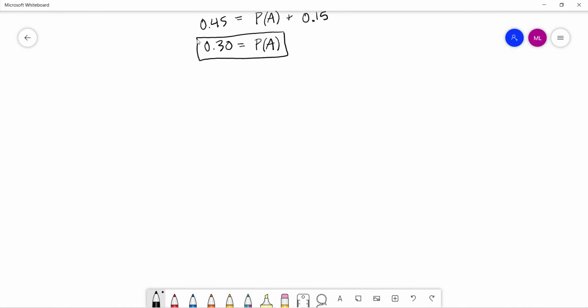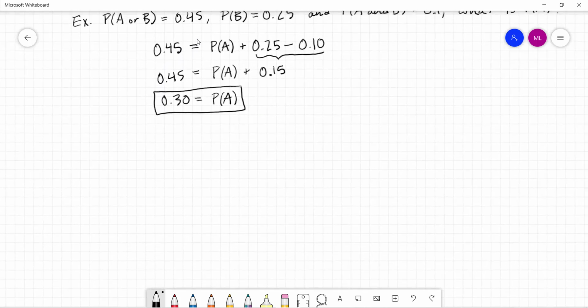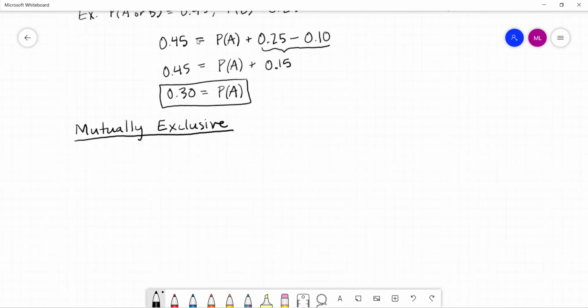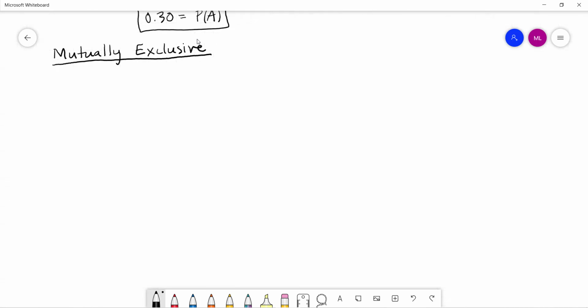I mentioned the concept of things being mutually exclusive a couple of minutes ago. Let me define what that actually means. So what does it mean if two things are mutually exclusive? Mutually exclusive events.